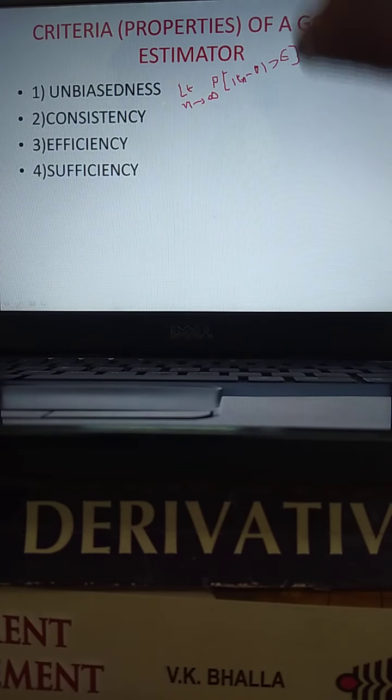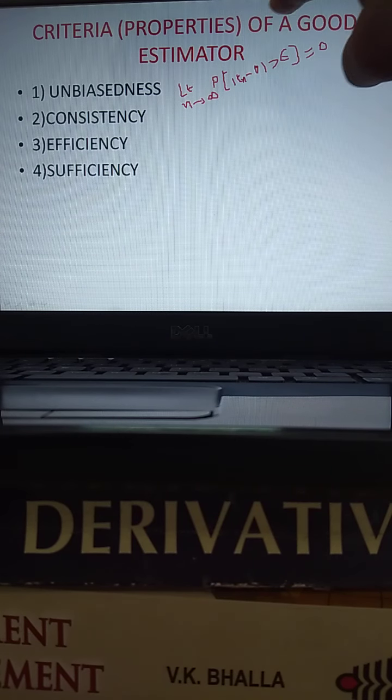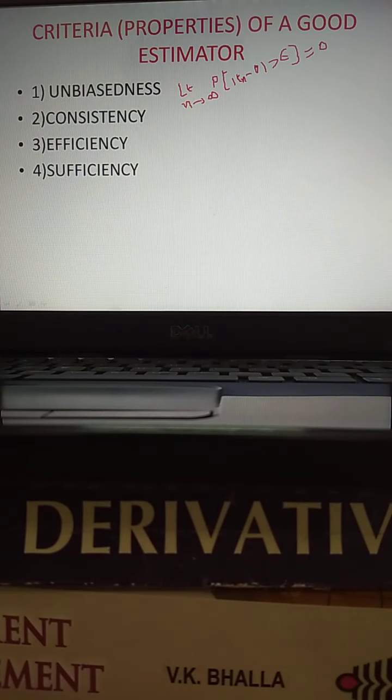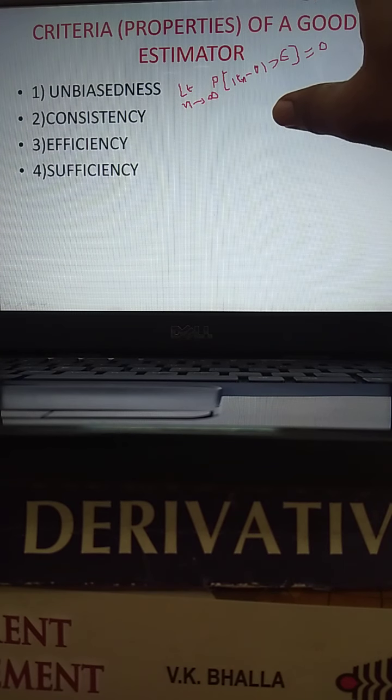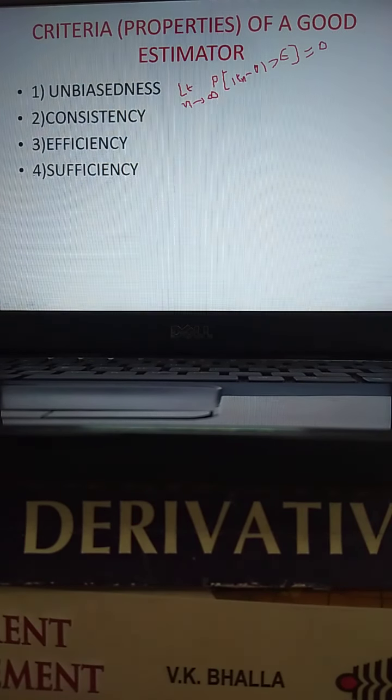So the deviation being more than epsilon, a very small quantity, this entire probability should be equal to 0. What do you mean by that? This event should never take place. There will be only a small difference. Such a property is known as the consistency property.